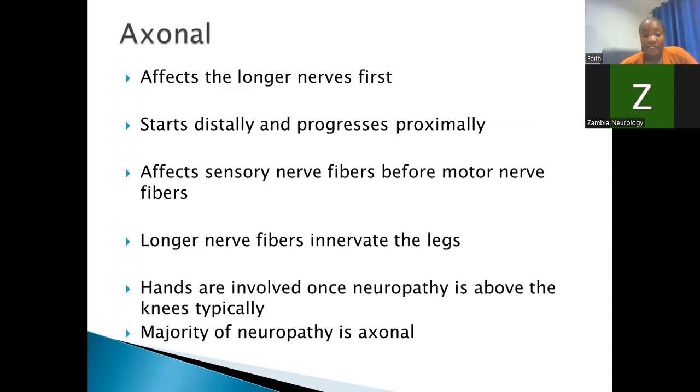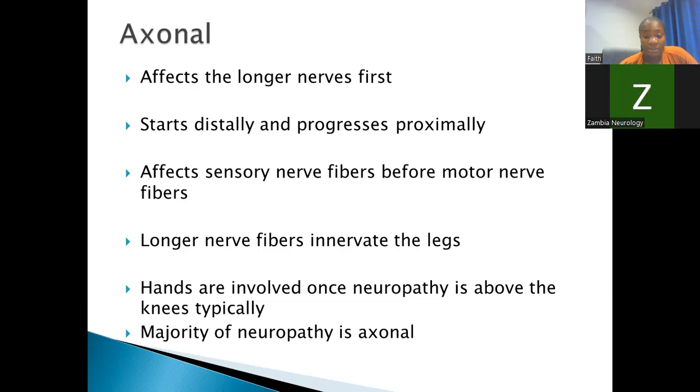We mentioned that it affects sensory fibers before motor nerve fibers, and the longer fibers, we know, innervate the legs. So commonly, the patients will present with sensory symptoms in their feet and their legs. The hands are also involved, especially once the neuropathy is above the level of the knees.